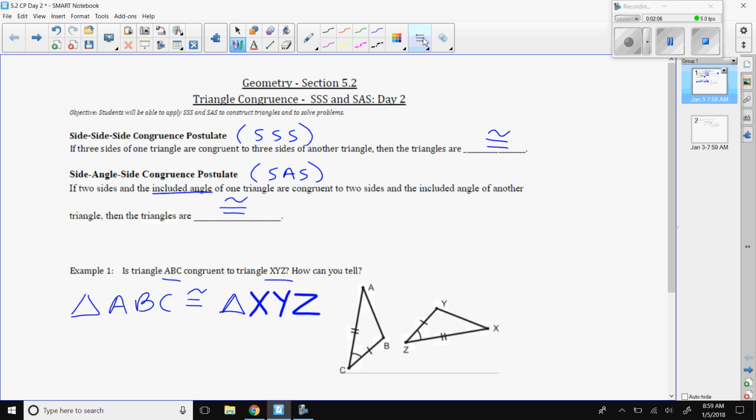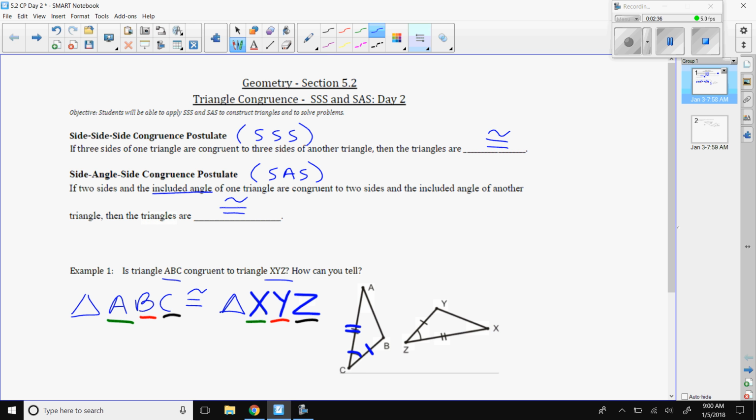And what we know is that we need to match A with X and B with Y and then C with Z. Those angles should all match up, as well as look at what postulate are we talking about. Now, these two triangles that you have here, you have 2 tick marks, and then an angle, and then 1 tick mark.